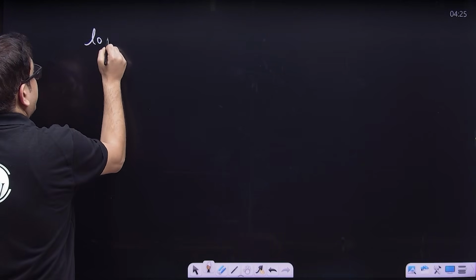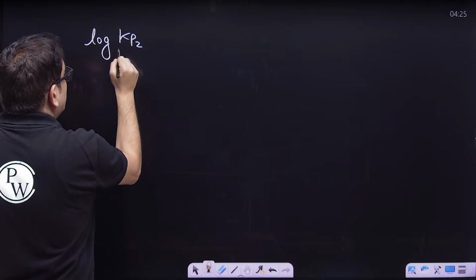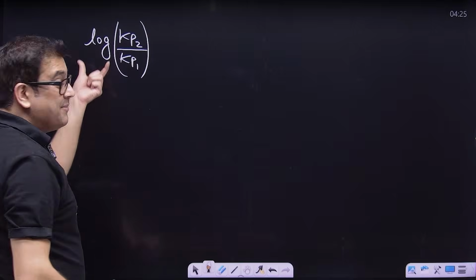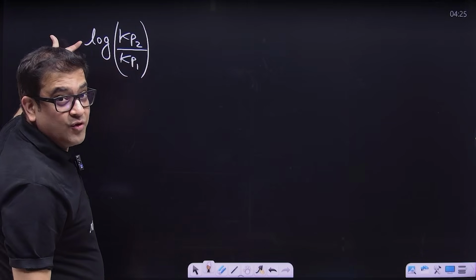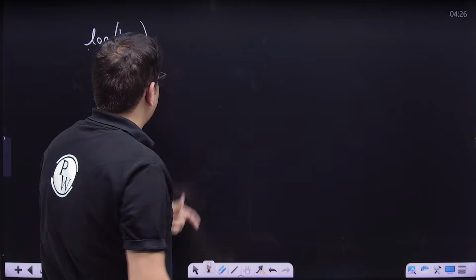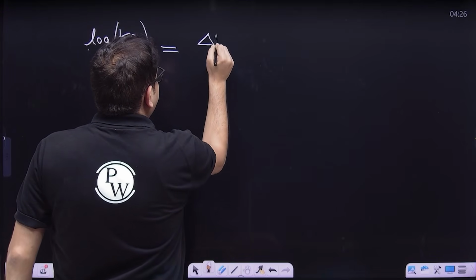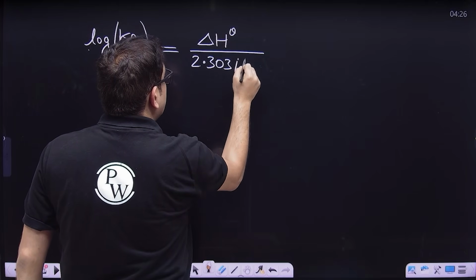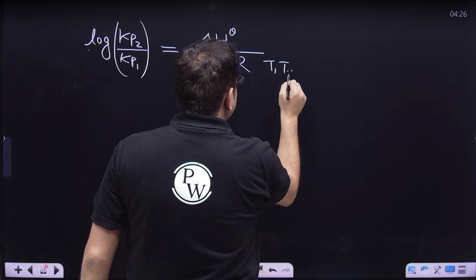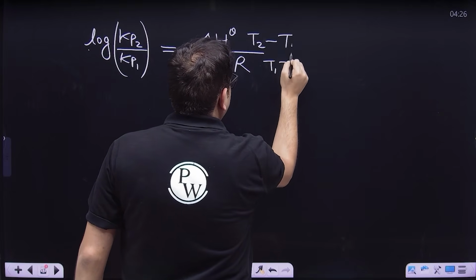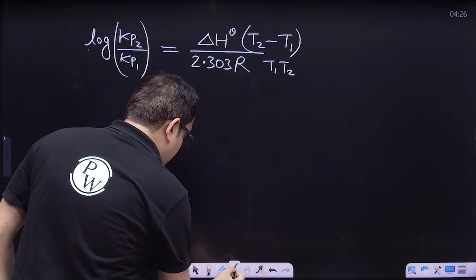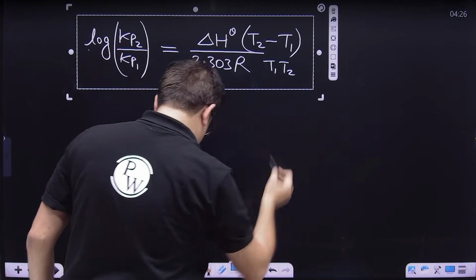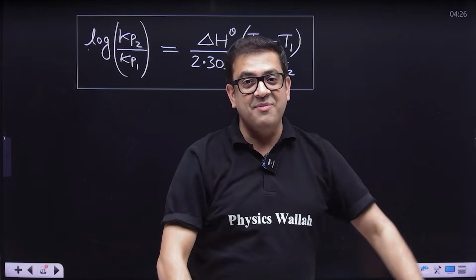If I write log of Kp2 upon Kp1, but instead of ln I have taken log, then a factor of 2.303 will be used, which will go to the right side. So it will be delta H naught upon 2.303 R, into (T2 minus T1) upon T1 T2. My friends, all these results, write them a few times so that you remember them for a longer time.